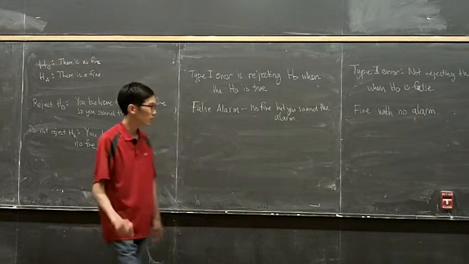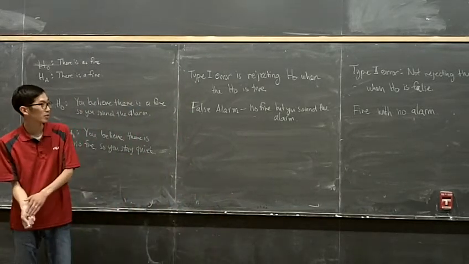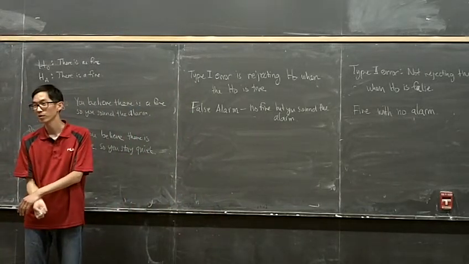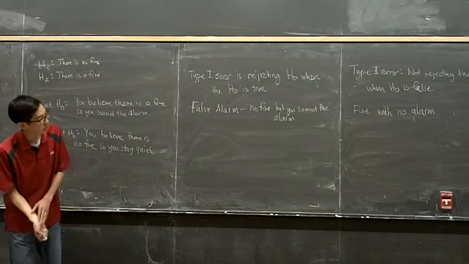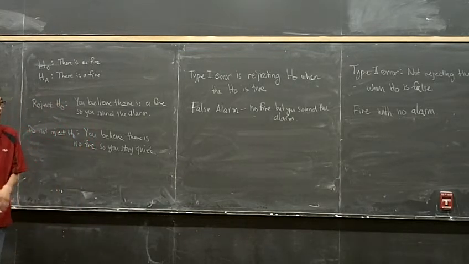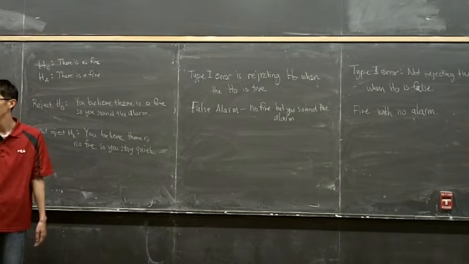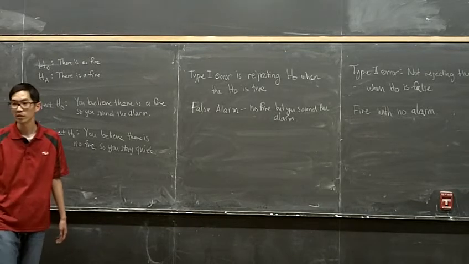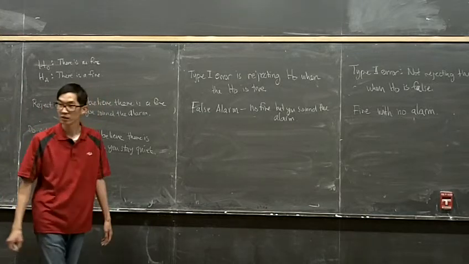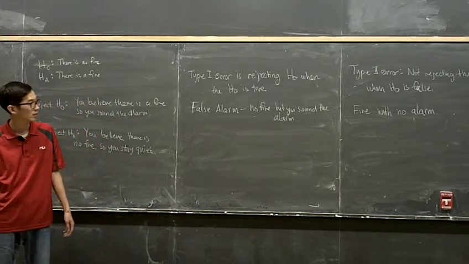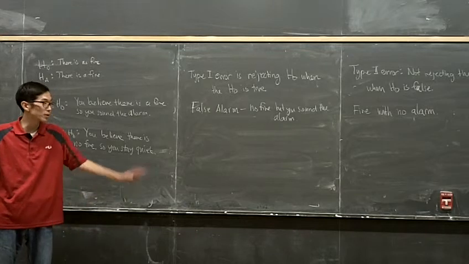So in this situation, what type of error is worse? A type 2 error is worse. What about with medication, like in a psychology research methods class? There are different situations.